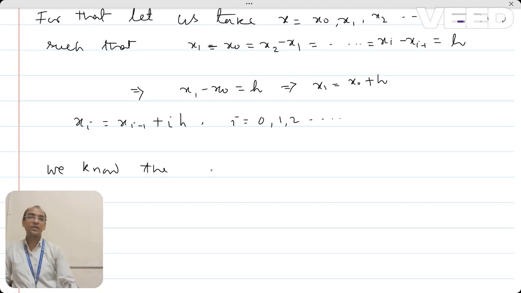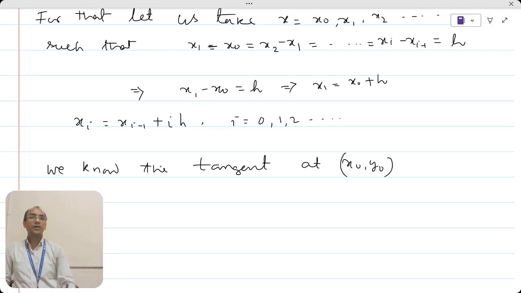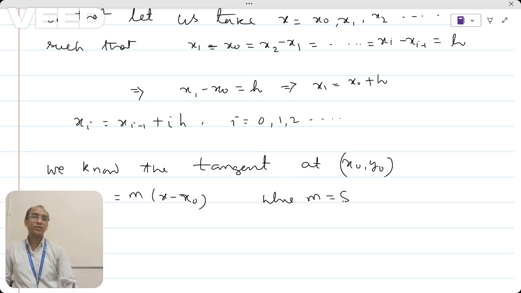The tangent at x0, y0: how can we find it? It is y minus y0 equals m into x minus x0, the equation of a line through a point, where m is the slope.